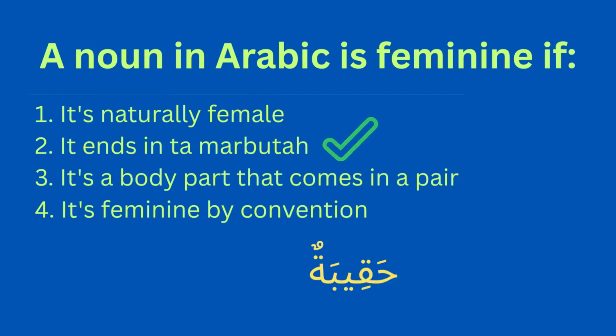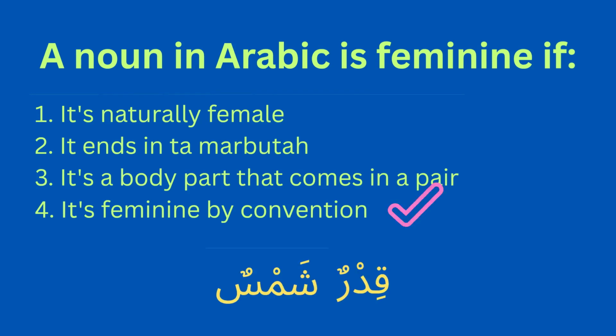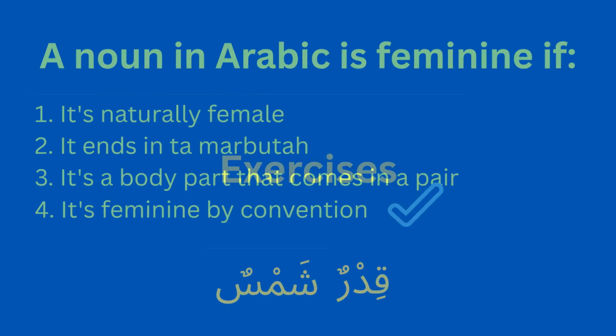Examples: haqibatun, briefcase; sayyaratun, car; and so on. It's a body part that comes in a pair. Example: ainun, yadun. It's feminine by convention, or muannath sama'i, the ones you just have to memorize, like qidrun, shamsun, and so on.